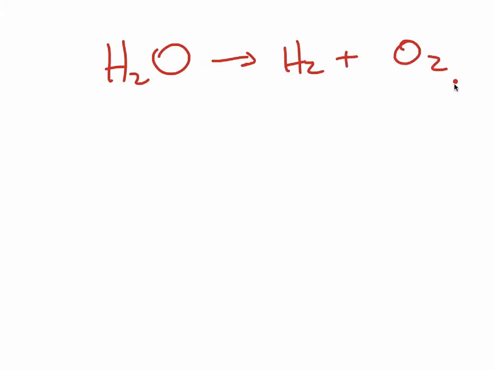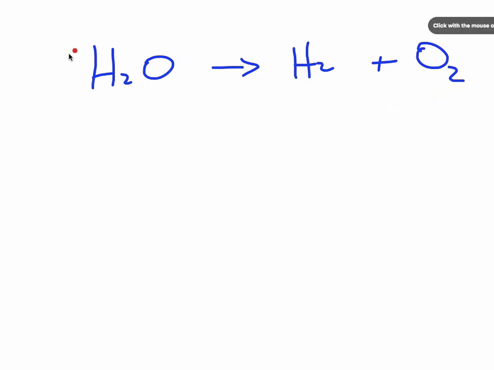Okay. This also can work in simple reactions where we just have decomposition. So let's say I have a simple reaction where we have H2O, and H2O now is just breaking up into H2 and O2. Okay, so let's erase that, let's do it in blue.